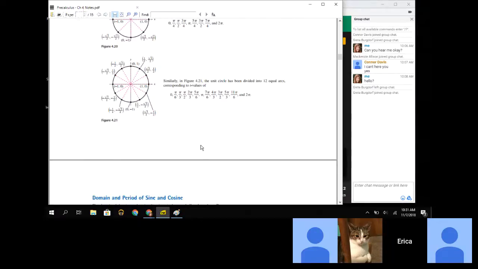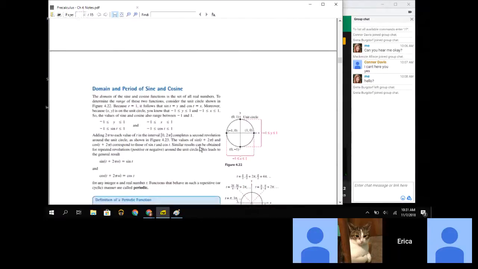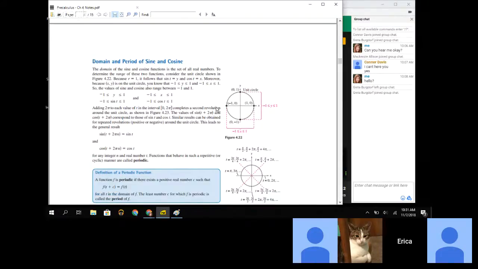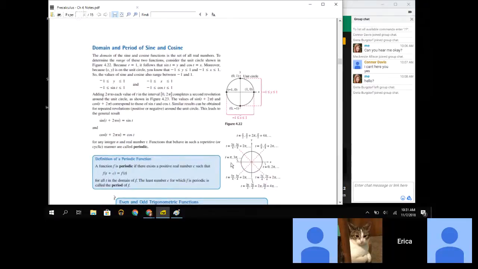Basically, if I don't get to this at the end, the second part of your notes talks about the period and the domain of a sine and cosine, which is kind of interesting. So the big idea is that if you think about a circle, that's 360 degrees or 2 pi radians, right?